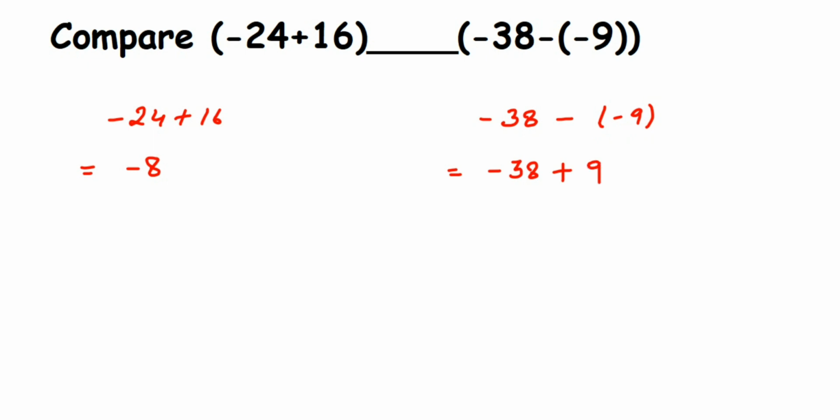So when you're subtracting two integers, you have to do this step first, and then the rule for the addition of two integers will be applied. Now you can see we're adding numbers: we're adding -38 and 9.